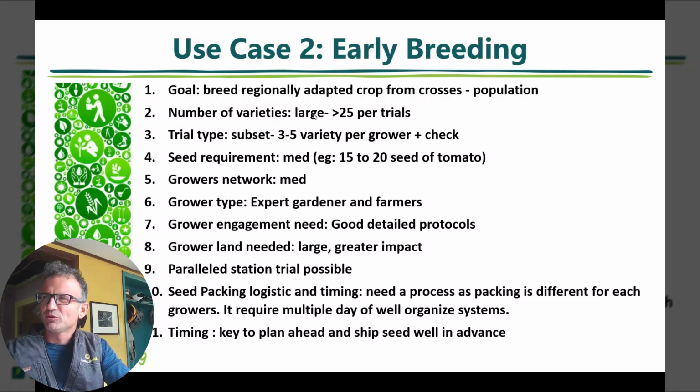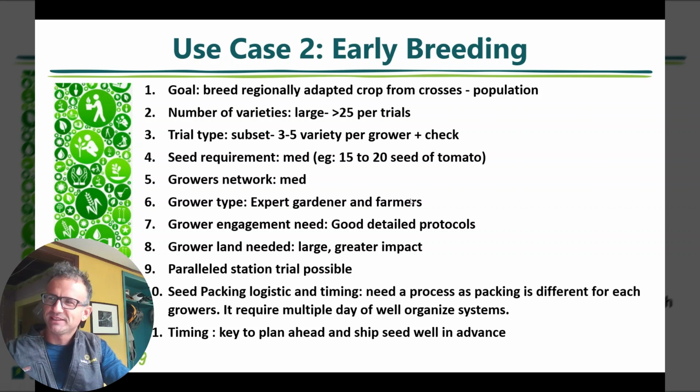So again, define your goal: breeding regionally adapted varieties from crosses. Again, here we have a large number of varieties, so we use subsets. We need a little bit more seed because we give more seed due to the breeding nature of it. So the grower network is smaller but more expert.